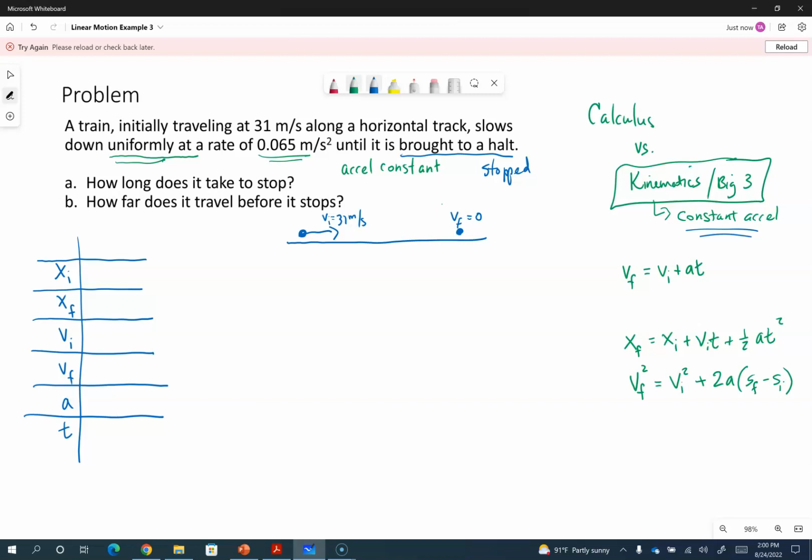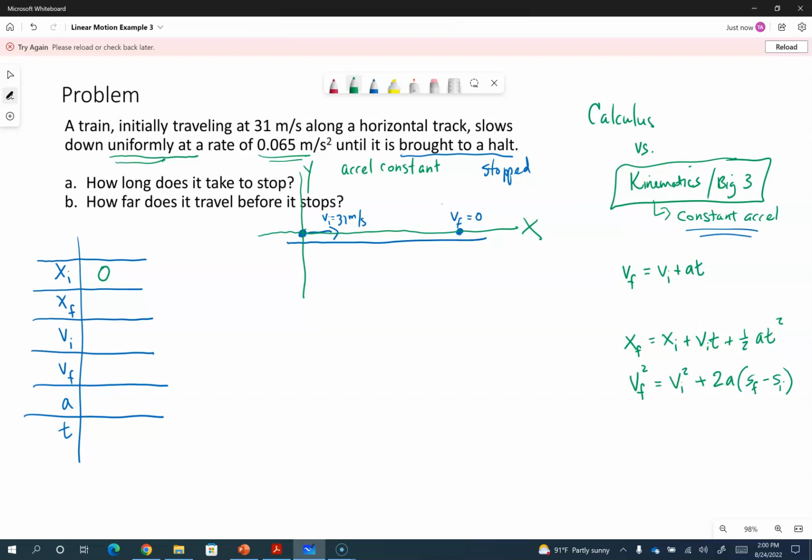So I find it logical to say the x-axis is horizontal. The y-axis will be vertical, and I'm going to choose my y-axis to pass through where the train is initially. By doing that, I'm essentially saying that the initial position of the train is 0, which is totally fine.